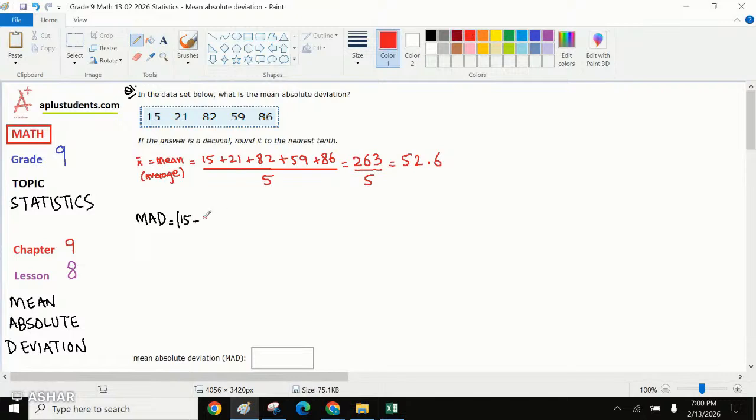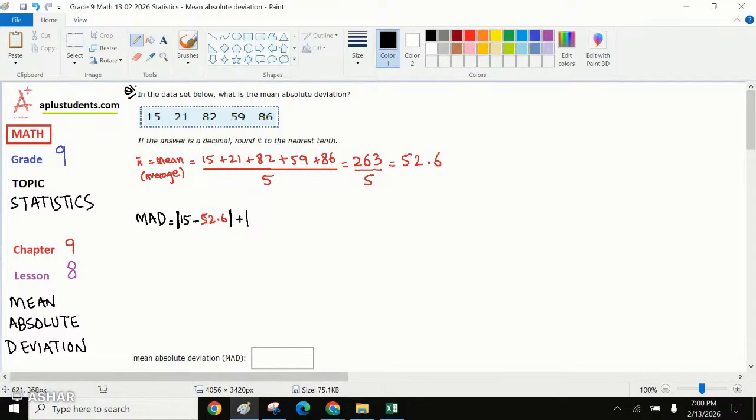The mean was 52.6, and we put a modulus over here. Modulus is these two straight lines, or it's known as absolute also. It means the answer would always stay positive.